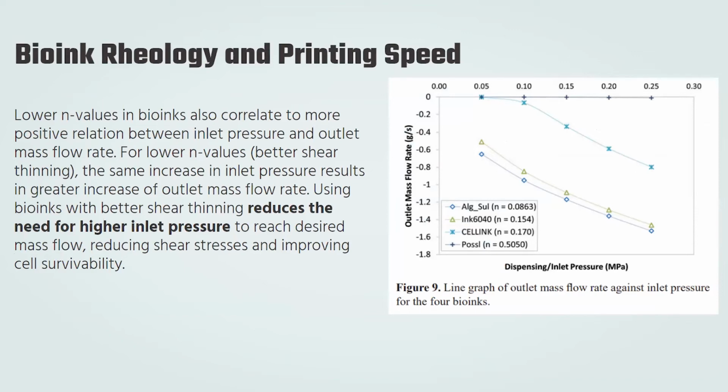Using bioinks with better shear thinning reduces the need for higher inlet pressure to reach desired mass flow, reducing shear stresses and improving cell survivability. Now you can see in figure 9, a line graph of outlet mass flow rate against inlet pressure of 4 bioinks.